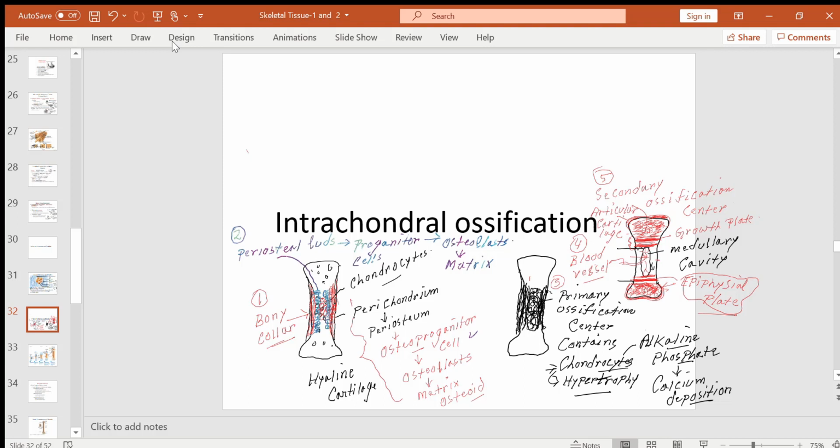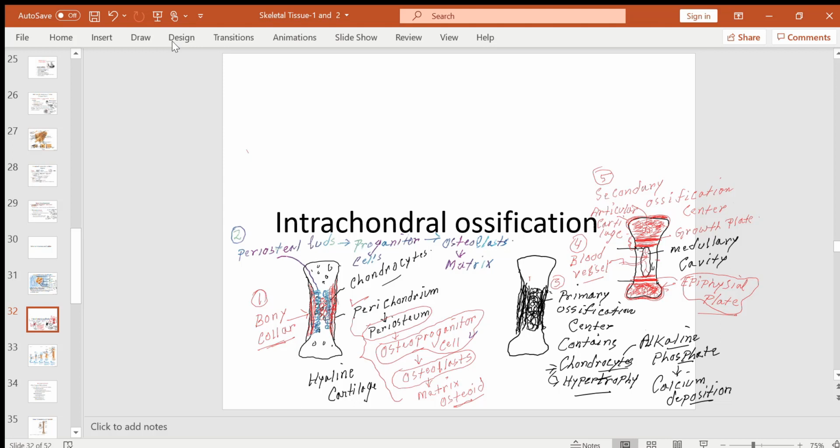Then the perichondrium converts to periosteum, and on the inner side of the periosteum you have osteoprogenitor cells, stem cells, and these stem cells will produce osteoblasts, the young bone cells. Osteoblasts, you already know, secrete the matrix that becomes hard, the matrix of the bone, and that is the bony collar formation, step 1.